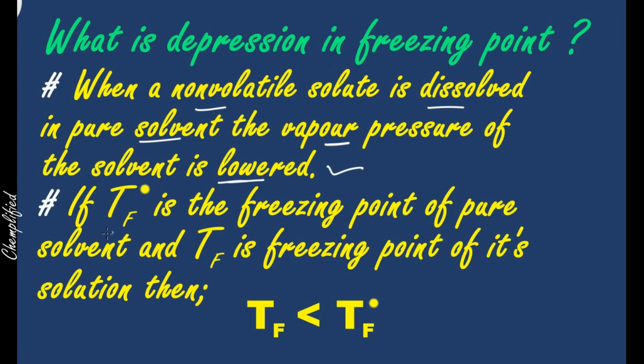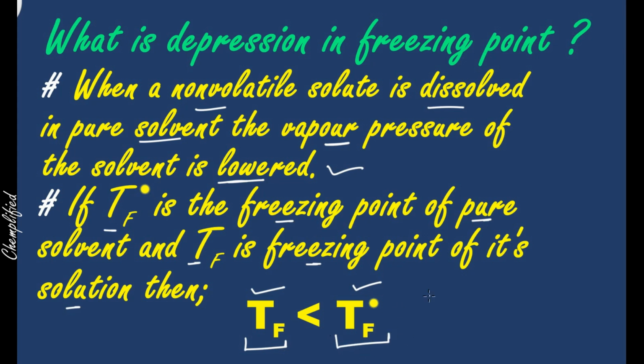Now, if Tf naught is the freezing point of pure solvent and Tf is the freezing point of its solution, then Tf is less than Tf naught. That is, the freezing point of the solution is less than the freezing point of the solvent. What does it mean?